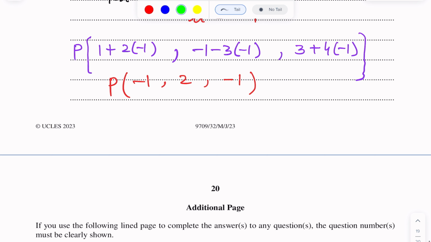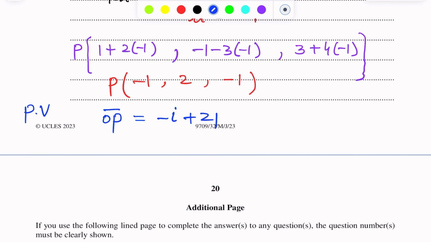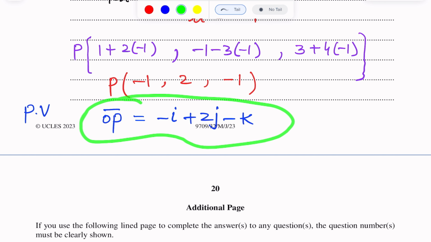The position vector of this point P will be represented by OP, that is minus i plus 2j minus k. This is the answer: minus i plus 2j minus k. This is the position vector of the foot of perpendicular.